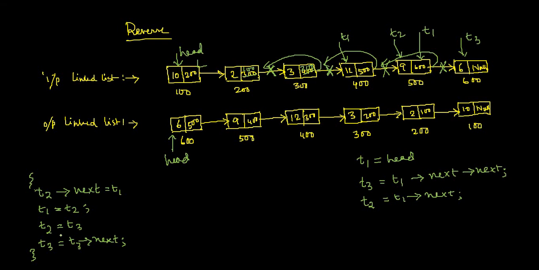Using T2 equal to T3, T2 will no more point to this node, T2 will point to this node. And where will T3 point? T3 equal to T3 next. So basically T3 is pointing somewhere here, which is basically null. Right. So the current position of T1, T2, T3 is something like this.